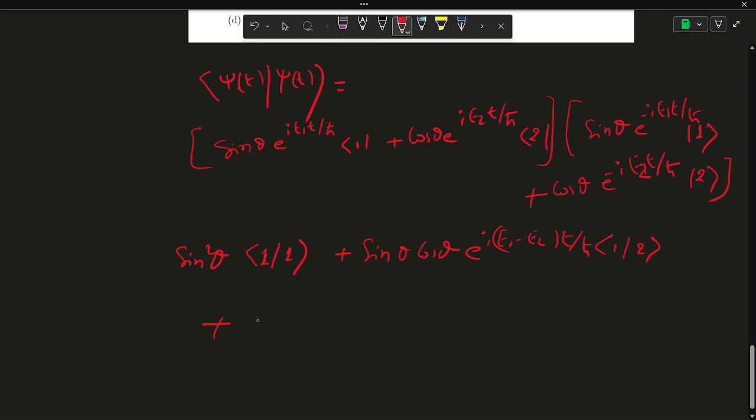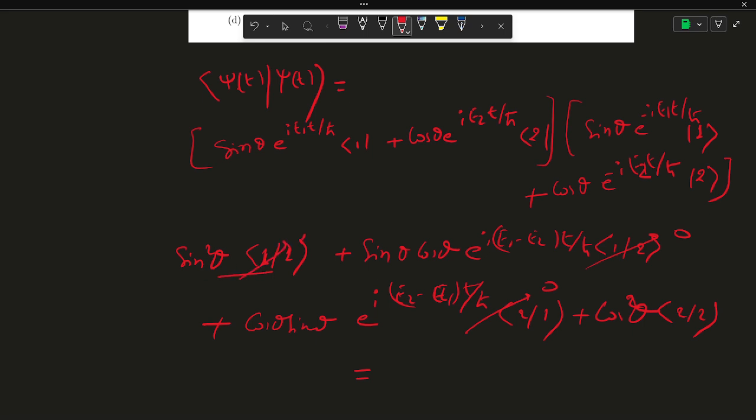Again cos theta sin theta e to the power i (E2 minus E1) t by h-bar <2|1> plus cos square theta <2|2>. This part will be 0, orthogonal, and this is normalized so it will give 1, this is normalized, this will give 1.